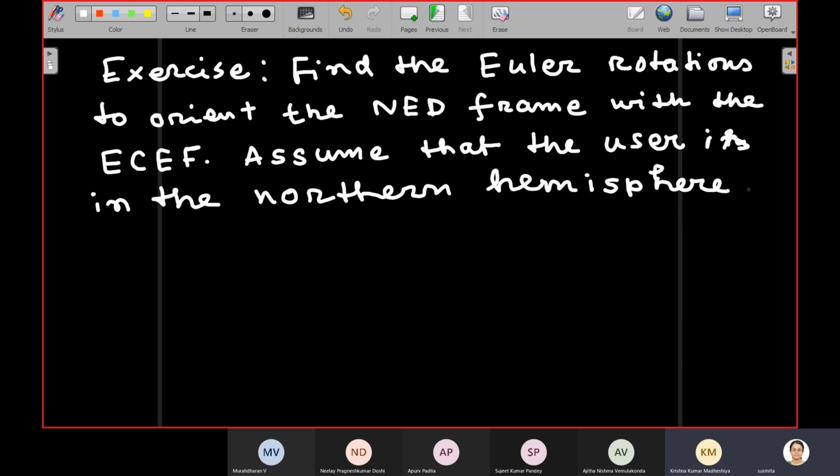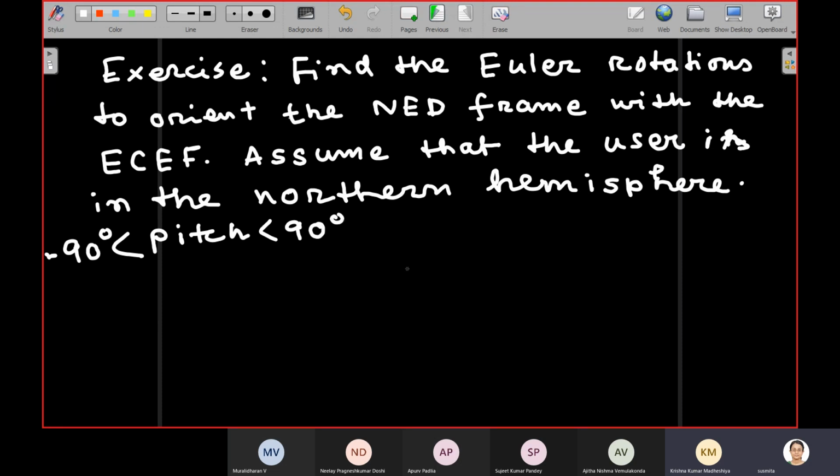Okay, the rotations will be different in north and south. Okay, so for the exercise, assume that the user is in the northern hemisphere. Okay, and you should also apply the constraint on the pitch rotation. So pitch should be within plus minus 90 degrees.